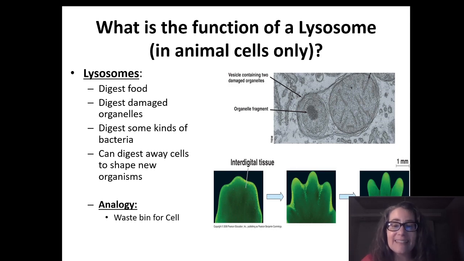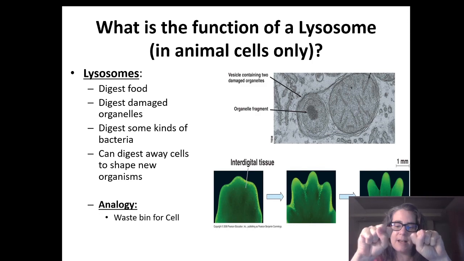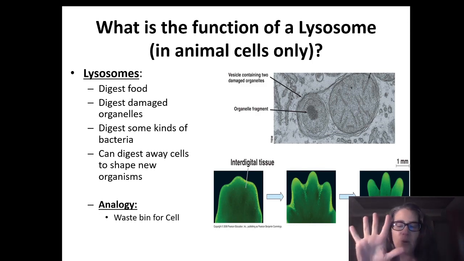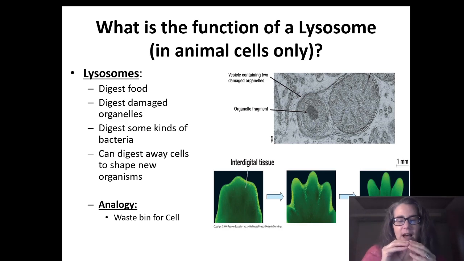And my favorite thing that lysosomes do, if you ever think about babies and how in early development, how they go from a ball of cells, right, into fingers, like digits and things like that. Well, lysosomes can actually open up their contents and dissolve away a cell. It's called programmed cell death, or apoptosis.